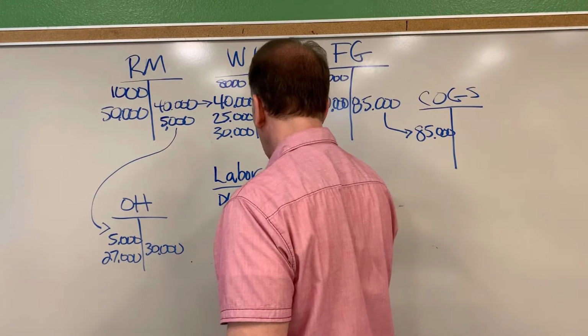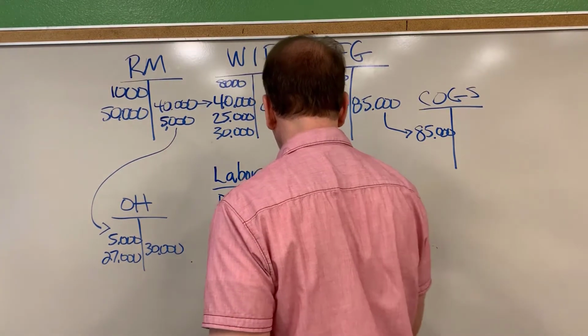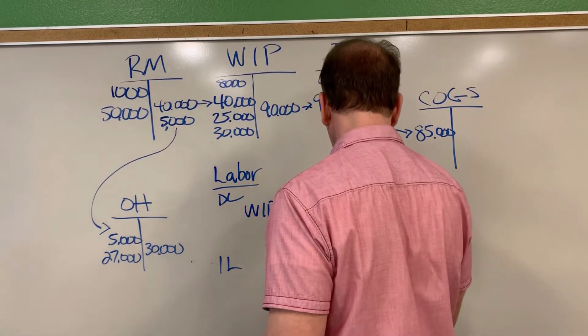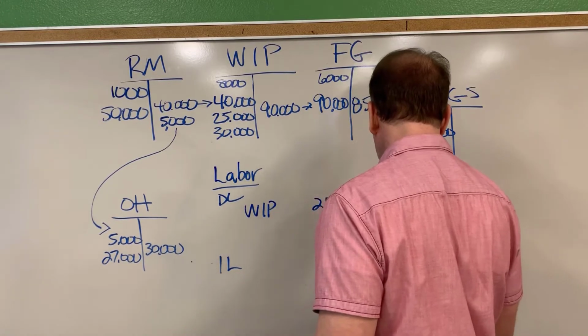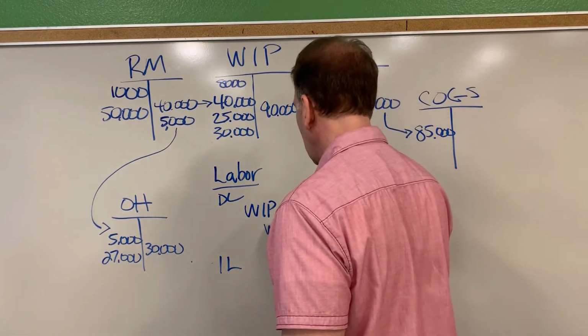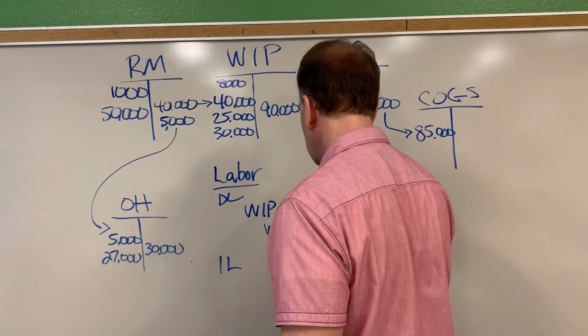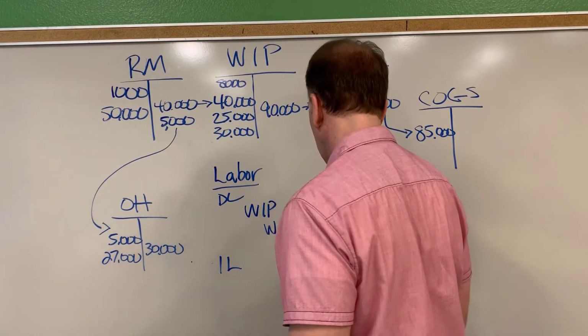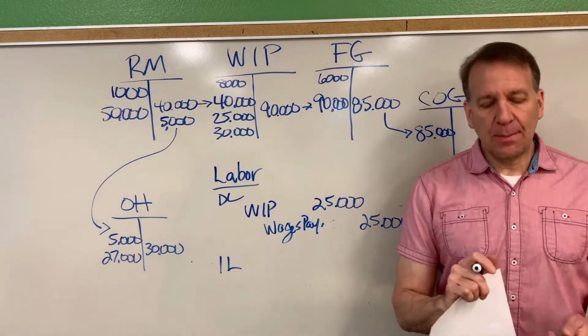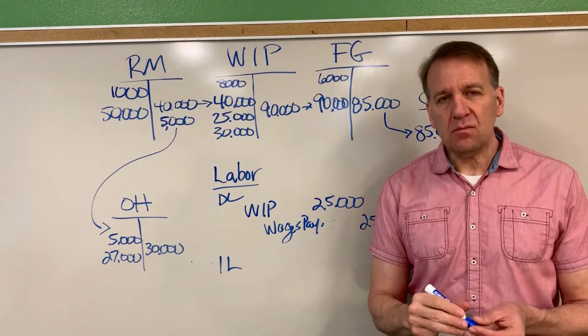So we would debit work in process 25,000, and we would credit, in this case, wages payable.